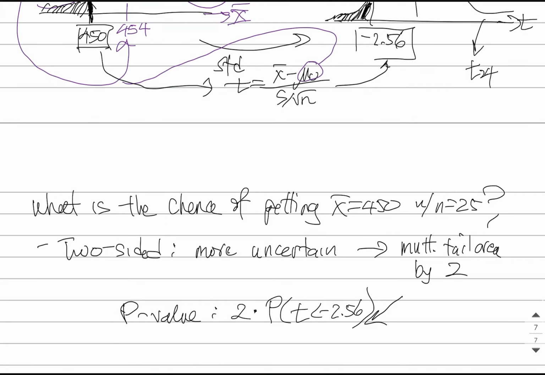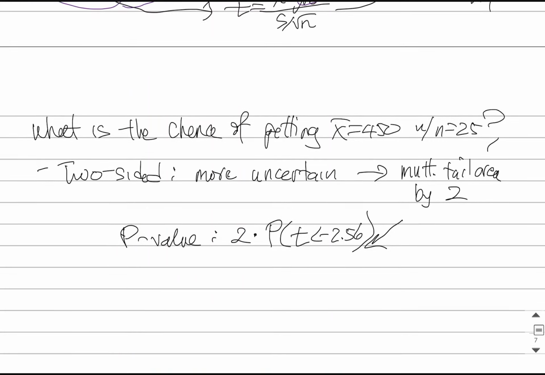And then we're going to multiply it by 2. The multiplication by 2 is there to represent the greater degree of uncertainty that we have. We don't know which direction we should be going in. All that we know is that it's broken. So we have to account in some way for both of them. So we are doubling the probability of seeing this result. And that makes it harder to reject a null hypothesis.